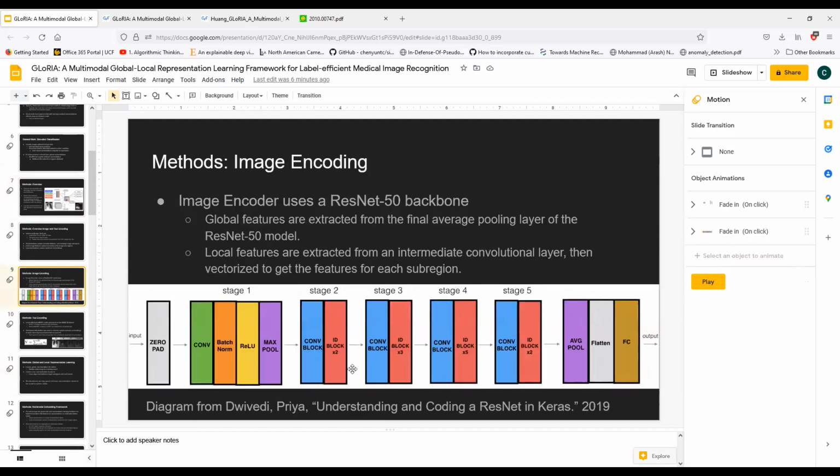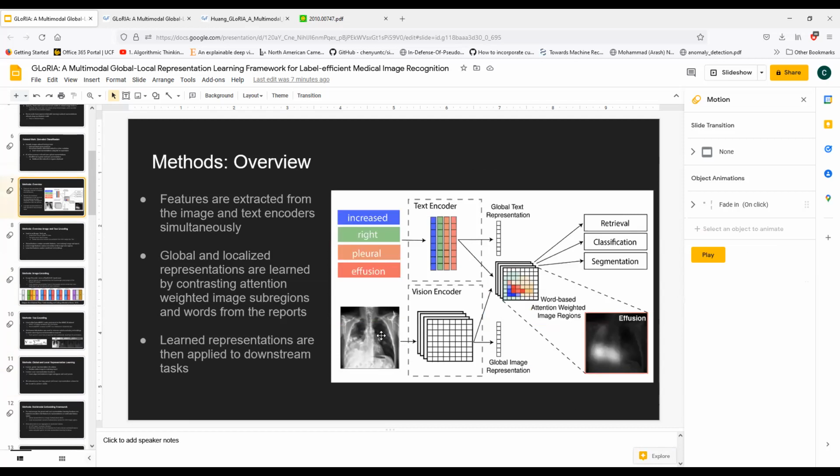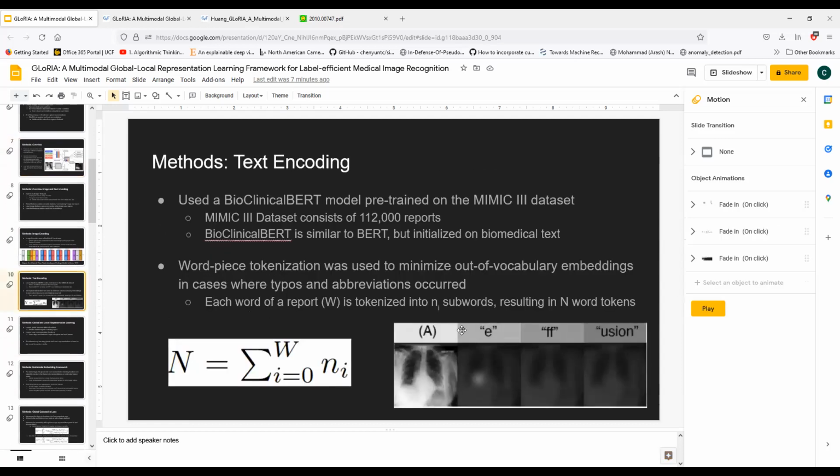And then the local representation of the image is going to be the image features, and the local representation of the text is going to be the word pieces.